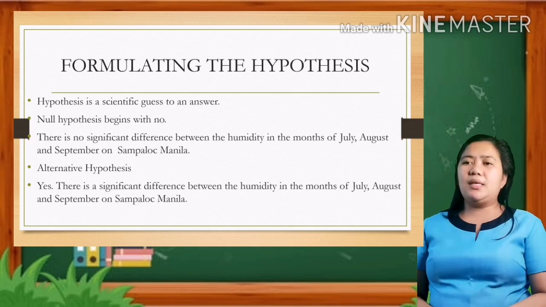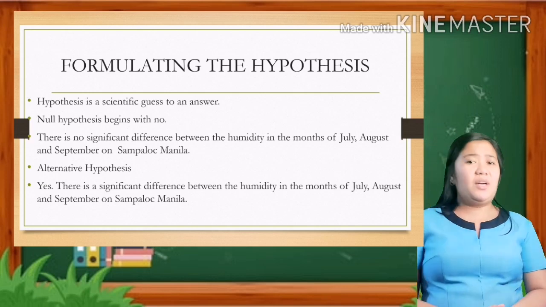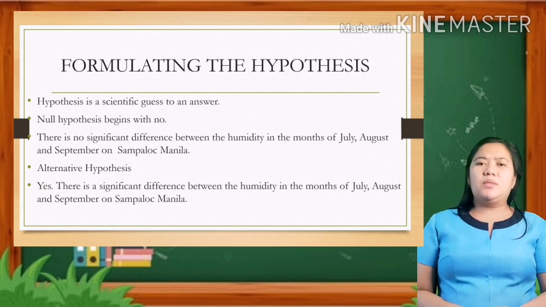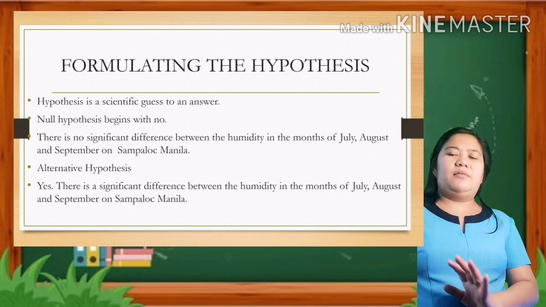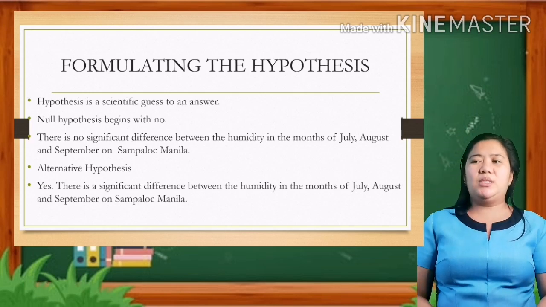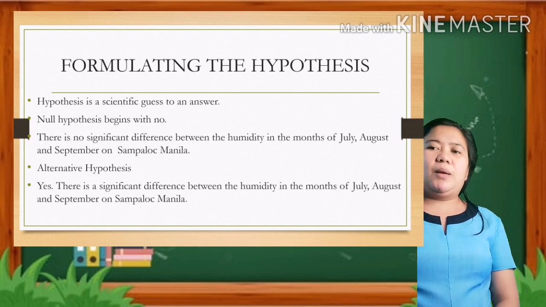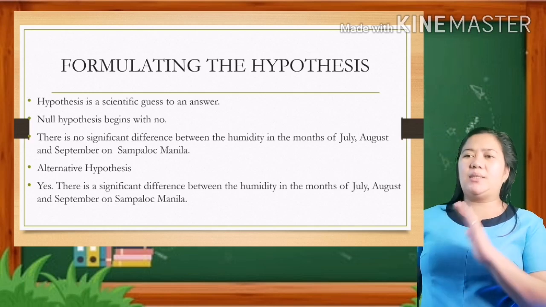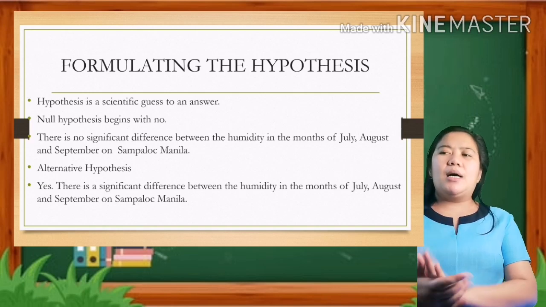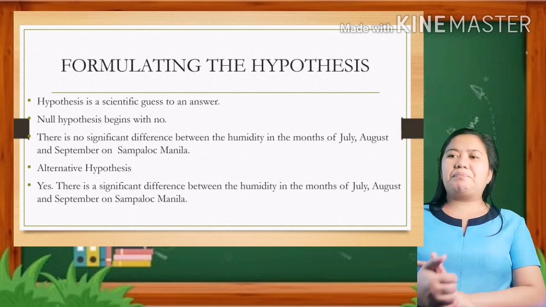The null hypothesis begins with the statement "there is no," or it negates the problem statement. Example: there is no significant difference between the humidity in the months of July, August, and September in Sampaloc, Manila. As you can see, the problem is very clear. The months are stated.